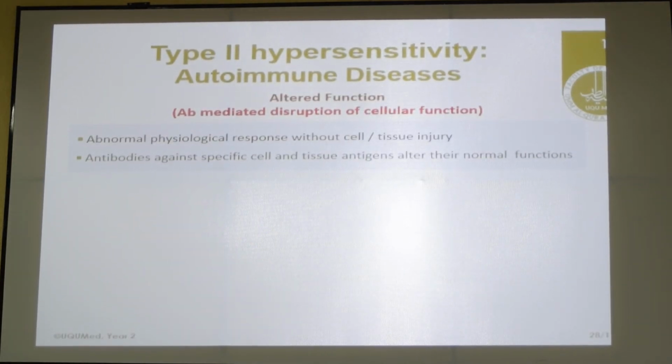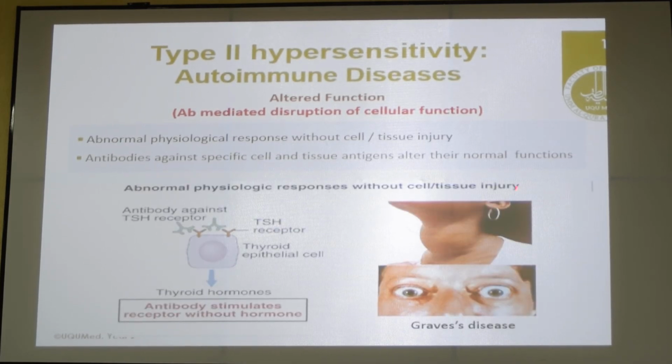Now we'll talk about the altered functions, how these IgG or IgM can alter the function. So here is a case of hyperthyroidism, which is also called goiter. The thyroid gland has special cells. These are the thyroid cells. They have a receptor which is called the TSH, thyroid stimulating hormone receptor. They are waiting for the signal from the pituitary that comes to the thyroid to prepare thyroid hormone or to stop.